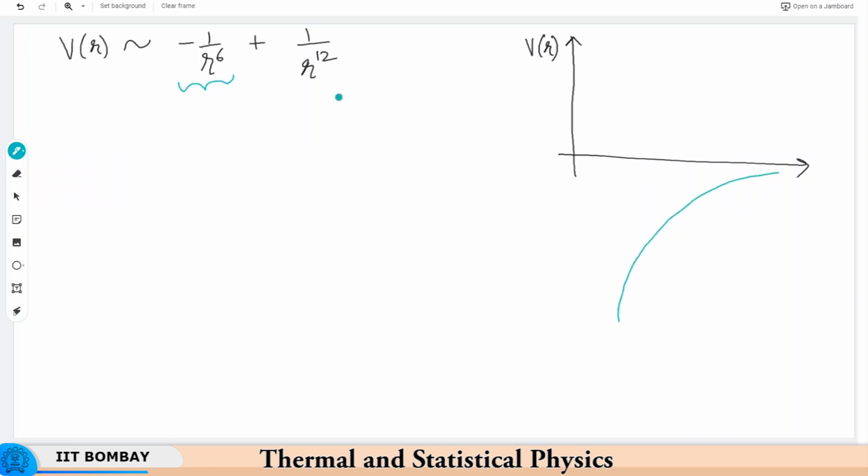And the repulsive term, which I draw in red, diverges. And the total interaction potential in green will look something like this. If you sum these two functions, this is how a typical interaction potential between these two molecules looks.